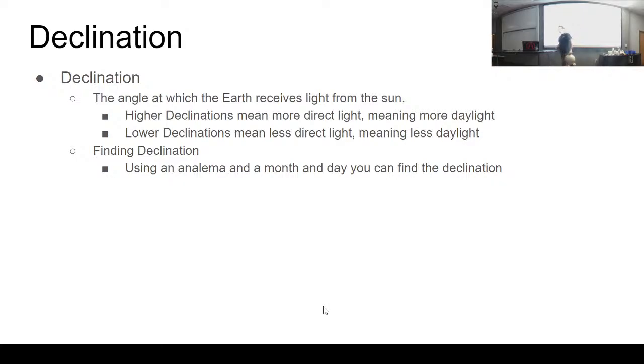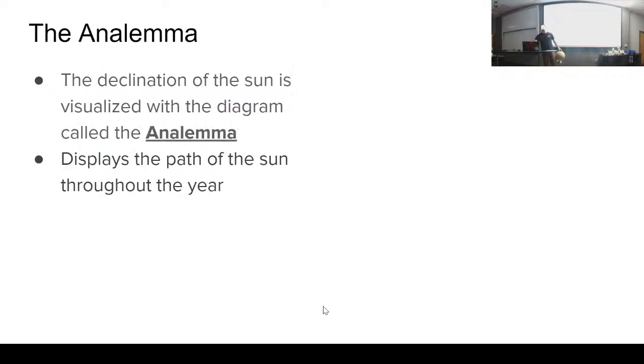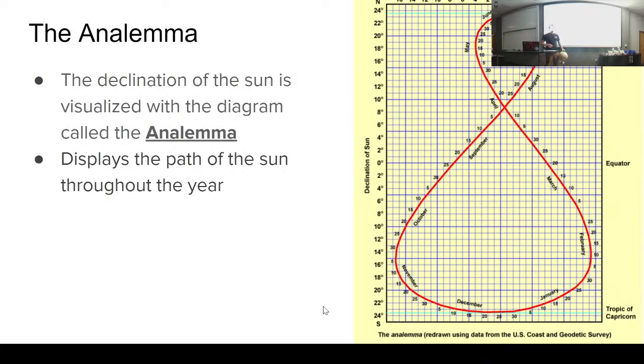So how would you find a declination? Well, to do that, you would need an analemma or an analemma. You can say it both ways. So the declination of the sun is visualized in this diagram called the analemma, and what this does is if you were to go outside at the same time every day and chart the position of the sun in the sky, you would see that it would make this kind of lopsided figure 8, right?